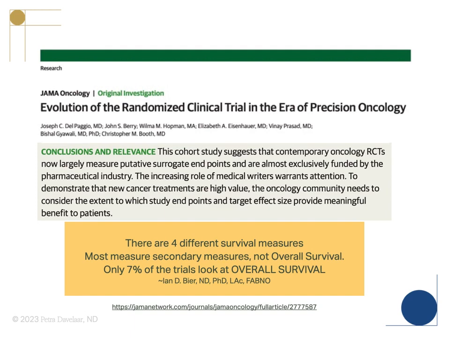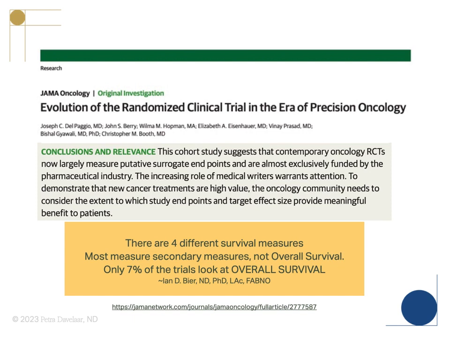A 2021 British Medical Journal article identified many drugs that received accelerated approval and then failed to improve the primary endpoint in post-approval trials. They still remained on the market for years afterwards.